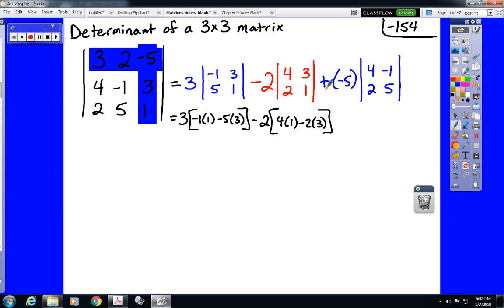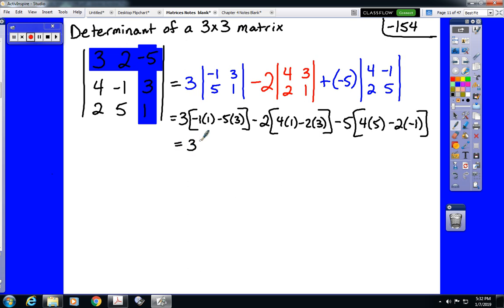And then I'm going to go ahead and combine this into a -5 times 4 times 5 minus 2 times -1. Now, if you're not familiar with what I'm doing, you need to go back and watch the 2x2 determinant video, because that's what I just did. A times D minus C times B for each of these 3 problems.